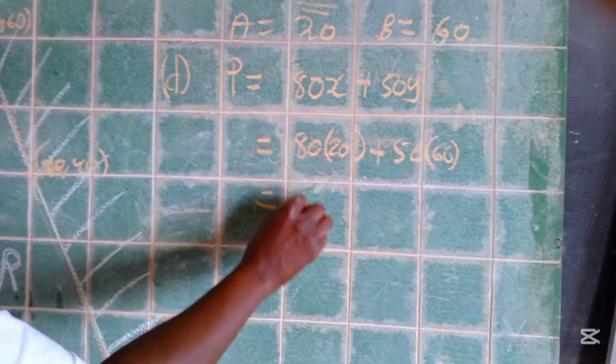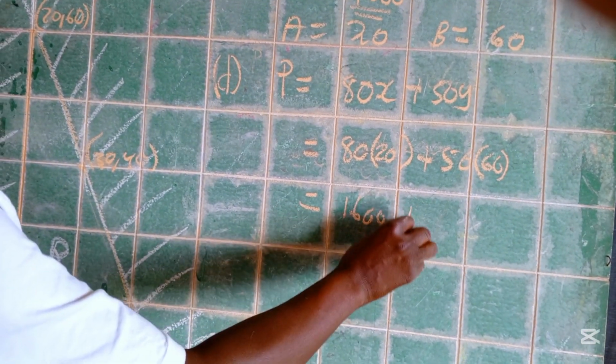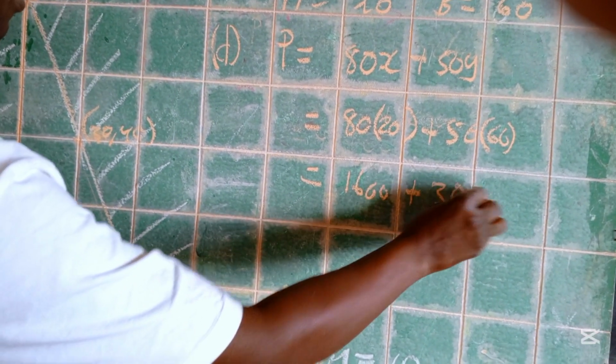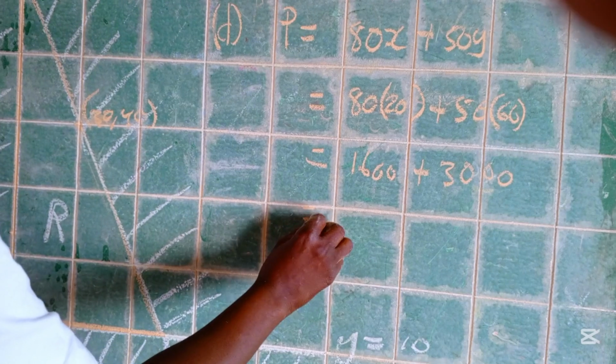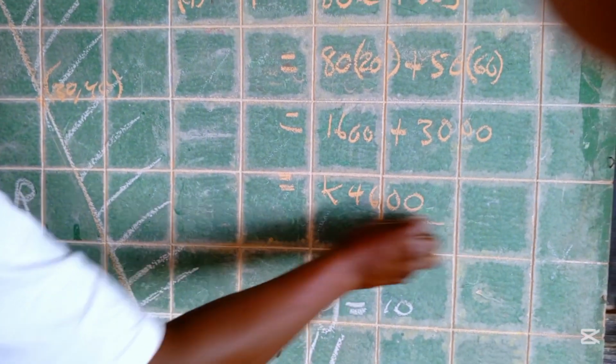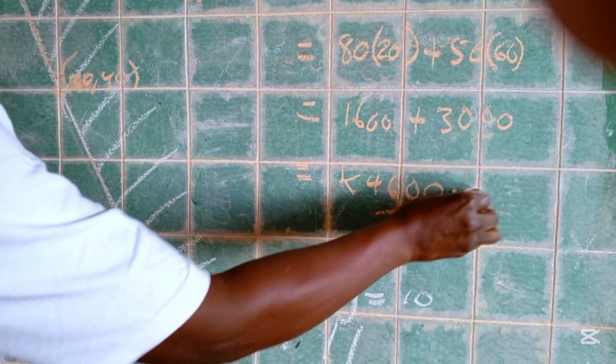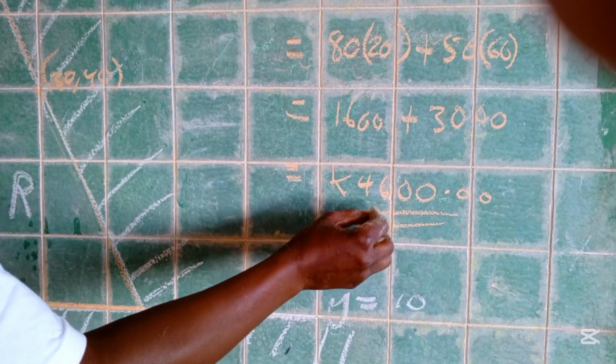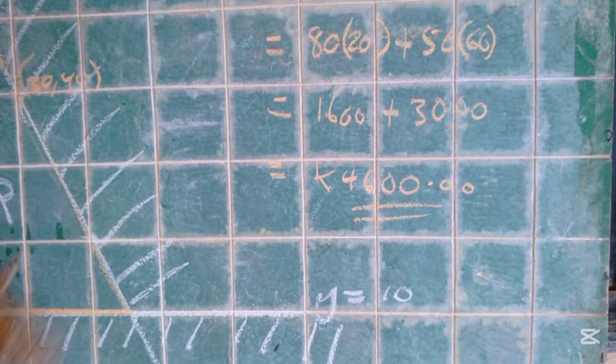You agree with me that here you're going to have 1,600 plus 3,000, and eventually you are going to come up with 4,600 kwacha. Since it is money, ways are very important. This is the maximum profit one will make.